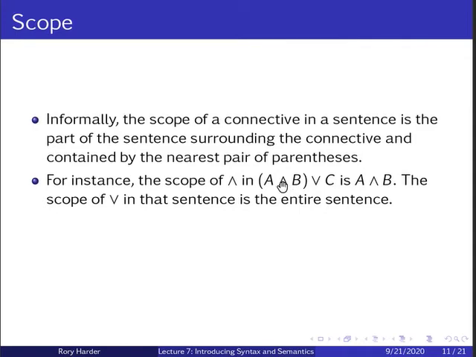So here, if we're wondering what the scope of the conjunction is, we look at the part of the sentence that surrounds it and is contained by parentheses. And then if we ask about the scope of the disjunction, we can see that it's the entire sentence.